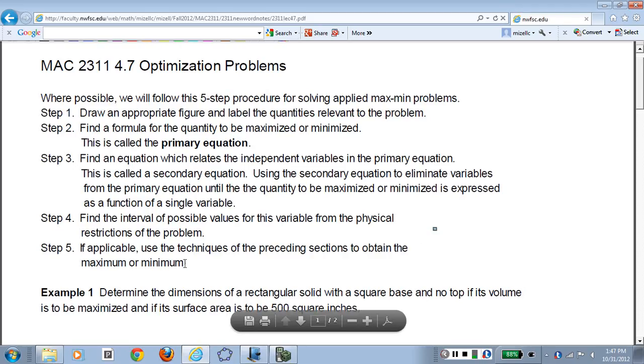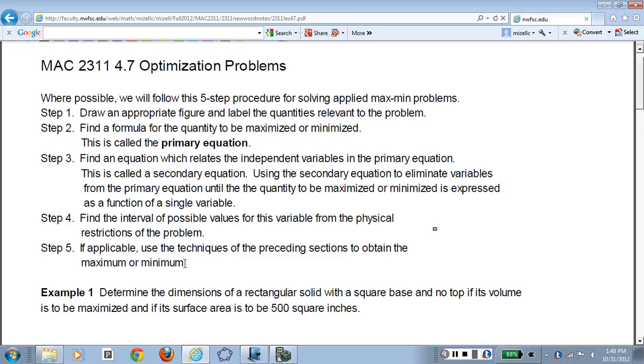Now, step 4. If I'm lazy, I may skip over step 4, but really I shouldn't, because in real life there might be certain physical restrictions on the particular problem. If it's area, we wouldn't want any of the dimensions to be negative. We wouldn't want the area to be negative. There could be certain situations where they just won't work.